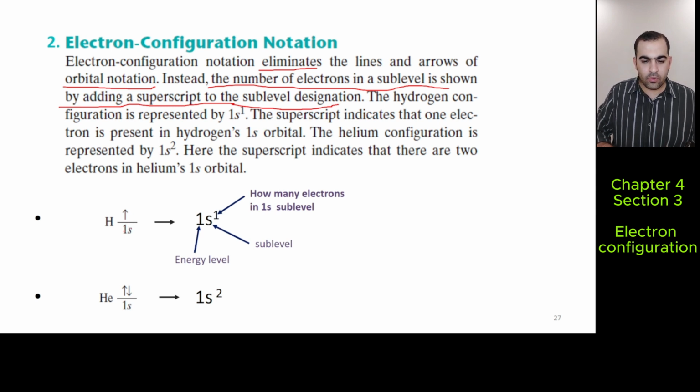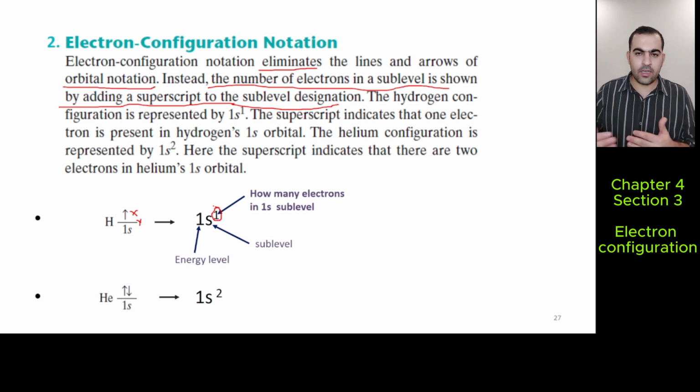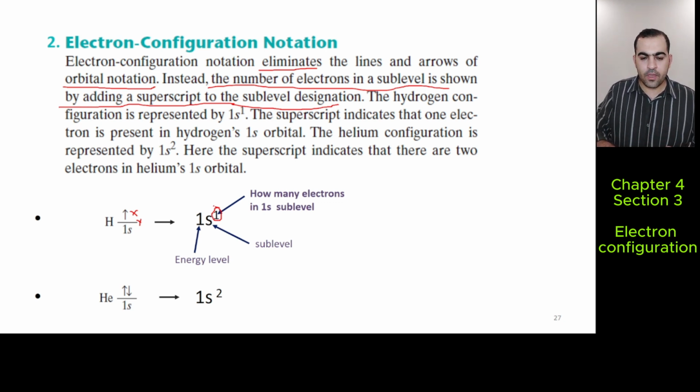Look here: hydrogen has 1s, and this is the orbital notation. I'm going to remove the line and the arrow. How many electrons do I have in 1s? 1. So I write 1s, the name of the orbital, and the number of electrons as a superscript, like an exponent.